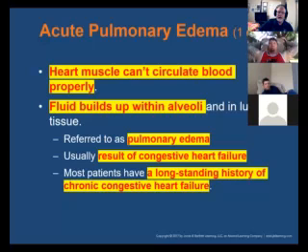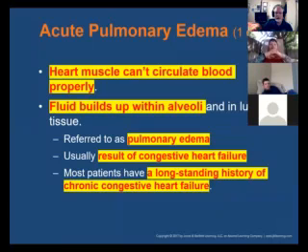And because you have that higher pressure on the venous side, the left ventricle can't push the blood out as easily because the preload has gone up. That back pressure, the preload is too high, and your heart's having to really push hard to pump against that. And when that happens, fluid pushes out of those capillary beds.